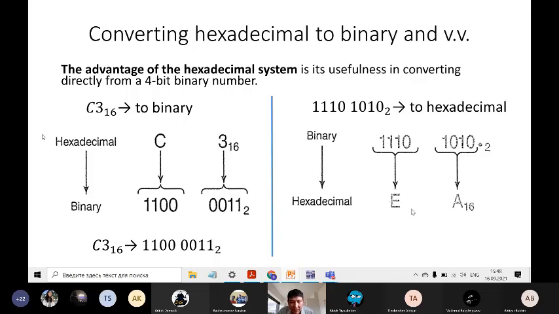That's it, nothing special. It's very easy to convert. People who work with programming for microcontrollers use hexadecimal numbers a lot because of how easy it is to convert from hexadecimal to binary and vice versa.